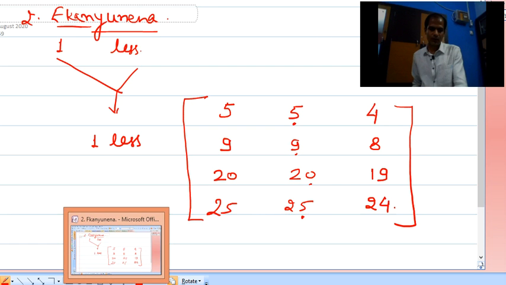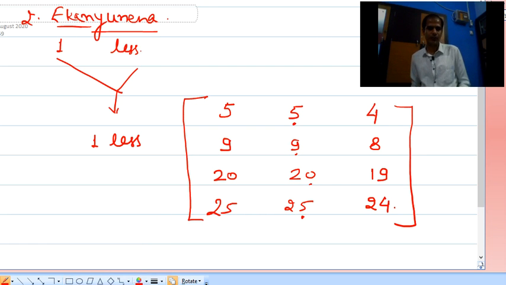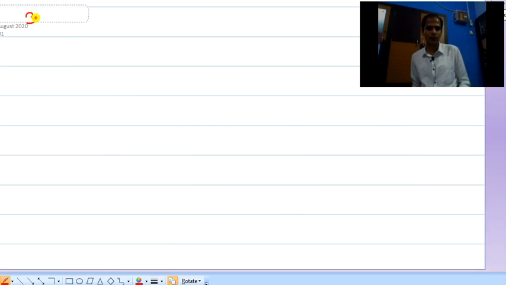Now come to the third point, ekadhiken purvena.